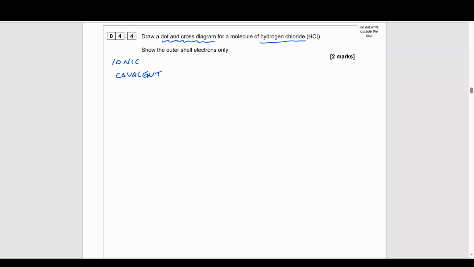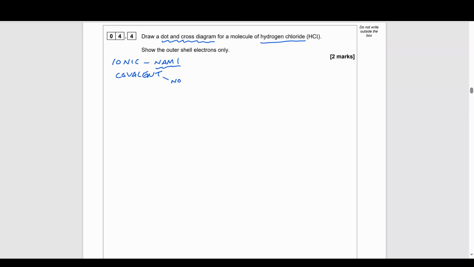So we have to identify what hydrogen chloride is going to be. Well, ionic compounds are a non-metal and a metal, and covalent bonds are non-metals only.